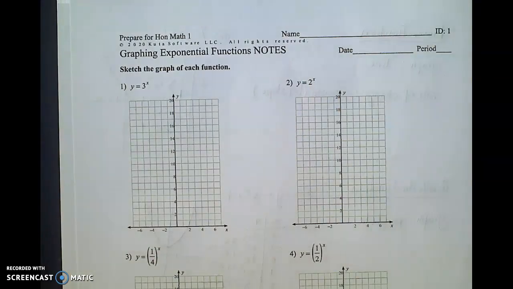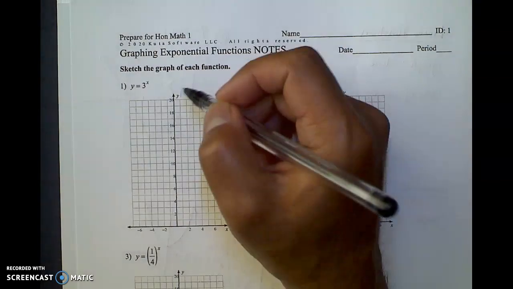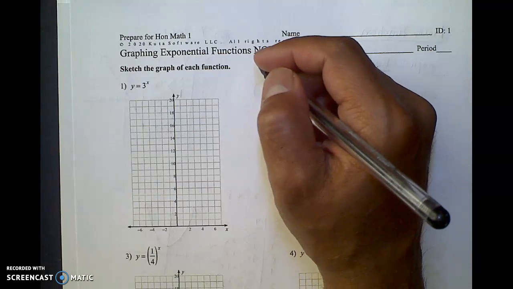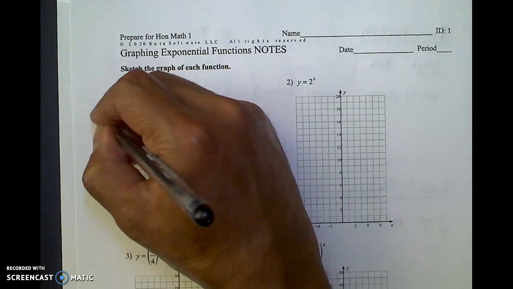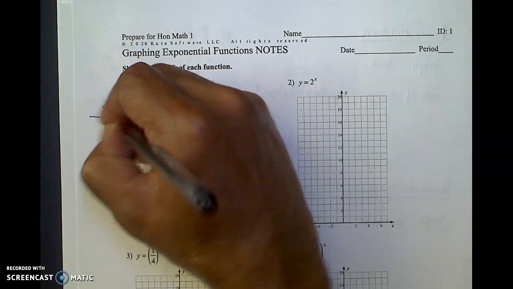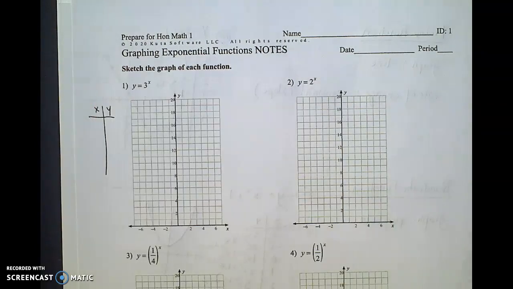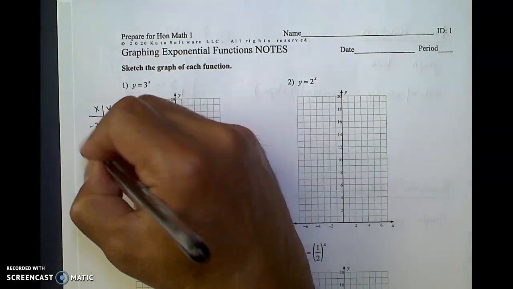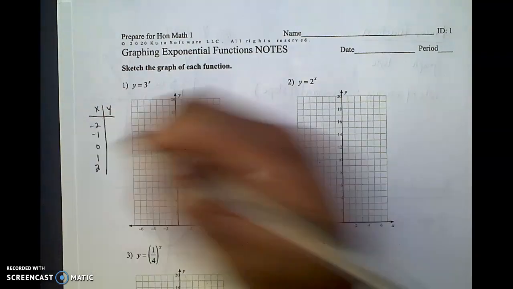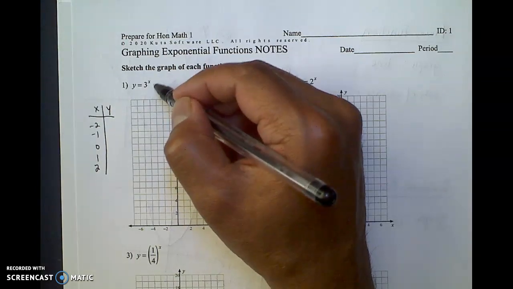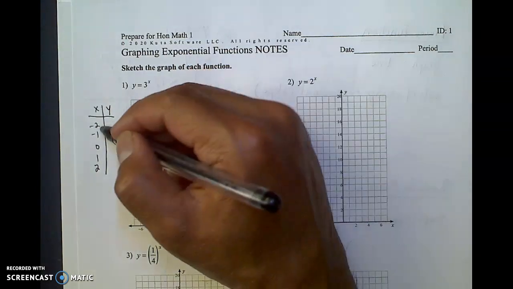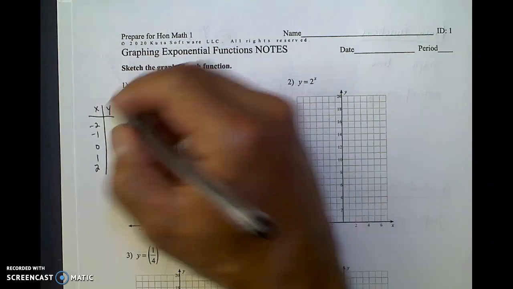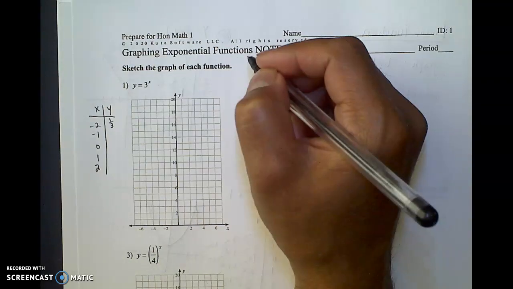So we're going to sketch the graph of each of these functions. We have y equals 3 to the x. What you can do is make a table of values, with some negative numbers, 0, and some positive numbers to plug in for x. 3 to the negative 2 power, as we said before, the negative exponent flips the base into the reciprocal, so that would be 1/3.